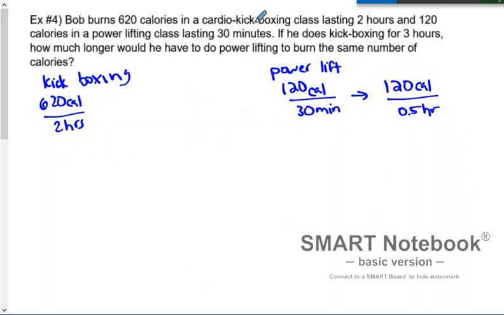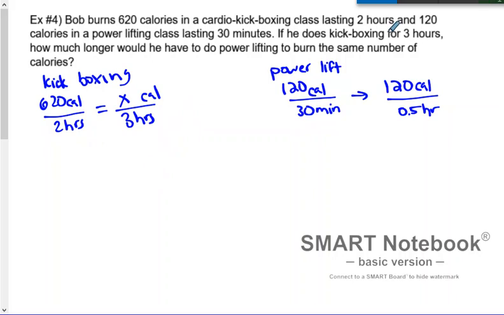Okay, so he kickboxes for 3 hours. How many calories will he burn? Because I want to be able to burn the same amount of calories in powerlifting, and I want to see how long that's going to take.